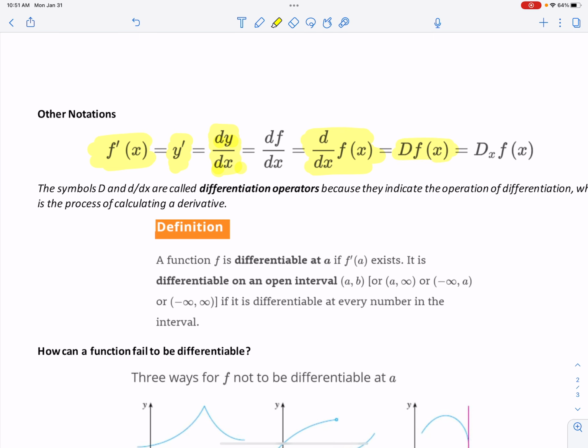I don't see these other two at the end. I think I saw them maybe in calculus 2 or 3 with a different professor, but I only highlighted the ones that I use or that you'll see in this class at least. But those are other ways. They all mean the same thing. They're just different ways to write, hey, this is the derivative of something. Okay?